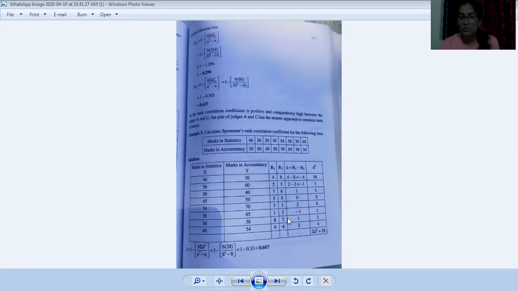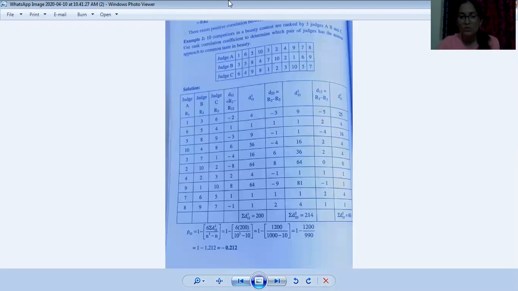So we have individually calculated the values of rho, which is the rank correlation coefficient, representing the correlation between judges A and B, B and C, and C and A. The correlation between judge A and judge B is represented as rho 1,2. The correlation between B and C is represented as rho 2,3. The correlation between judge A and judge C is represented as rho 1,3.